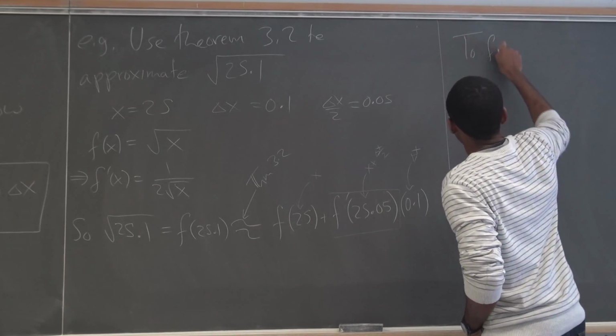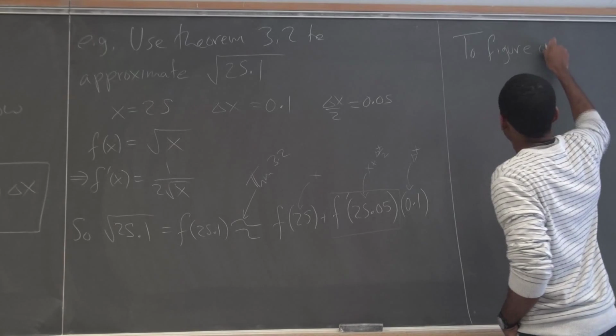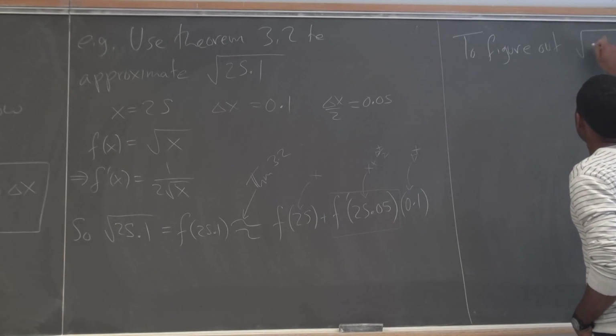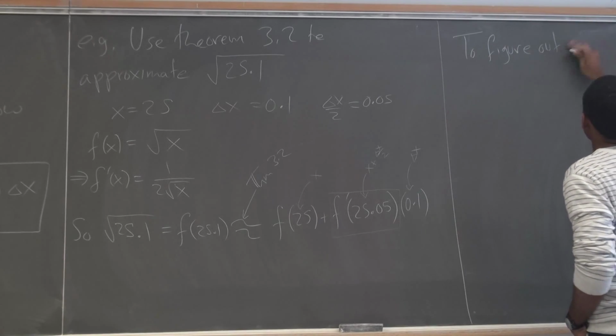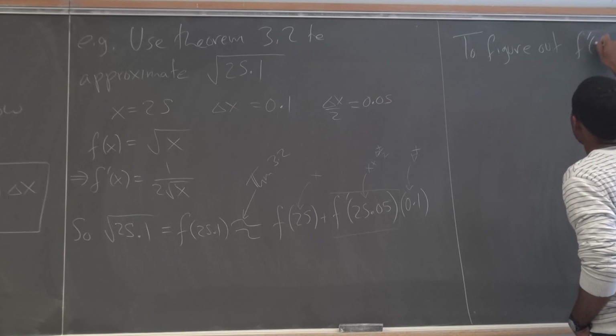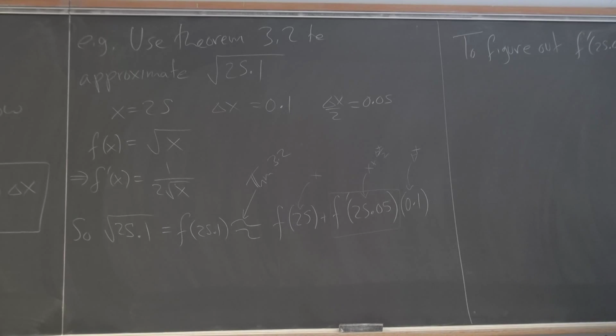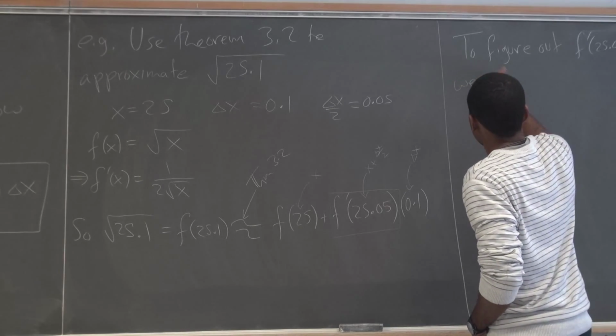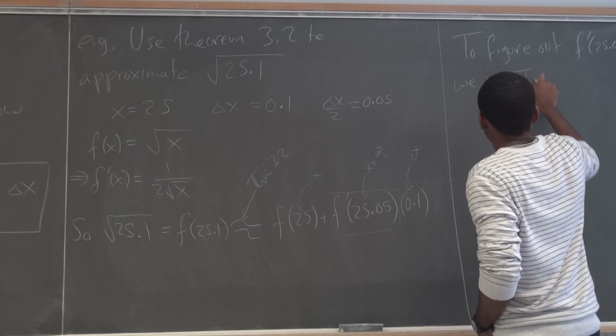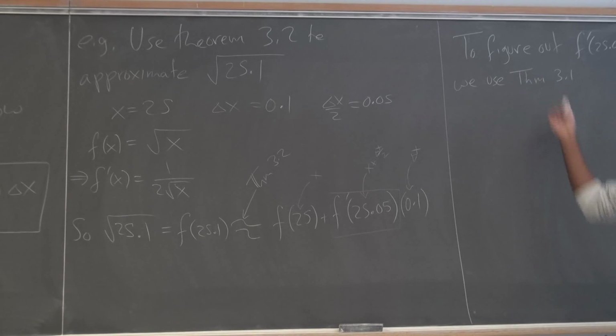To figure out f prime of 25.05, which is really 1 over 2 radical 25.05, we use theorem 3.1, the form that we were using before, the old one, right?